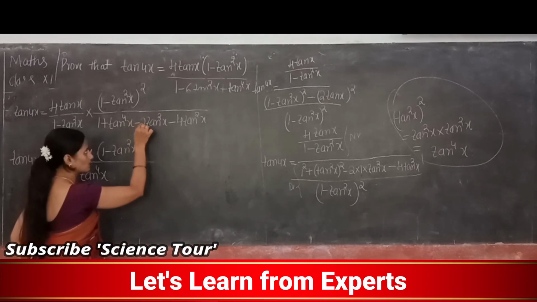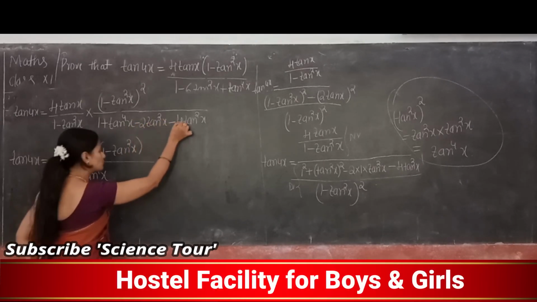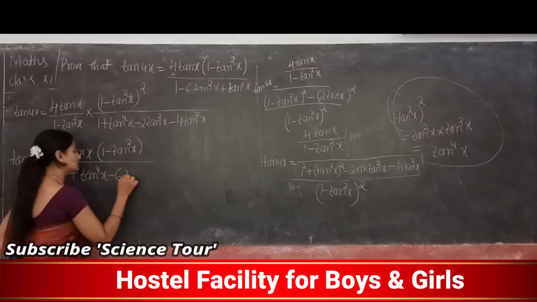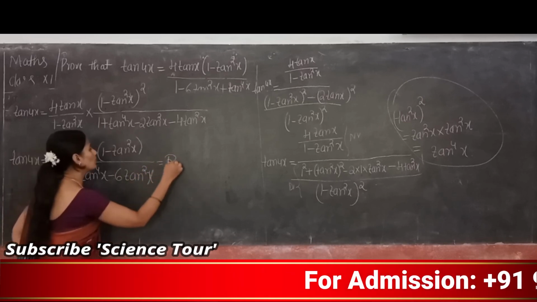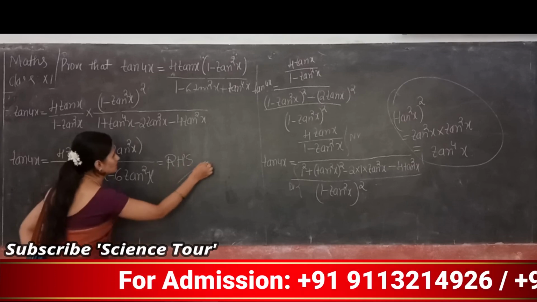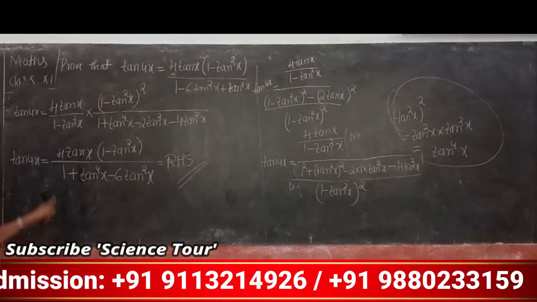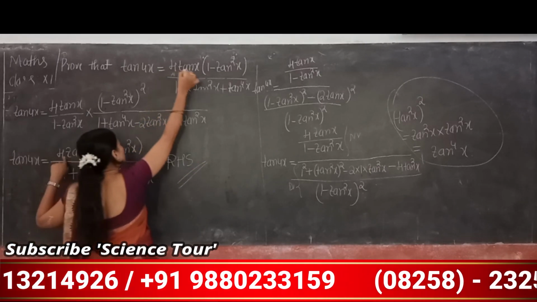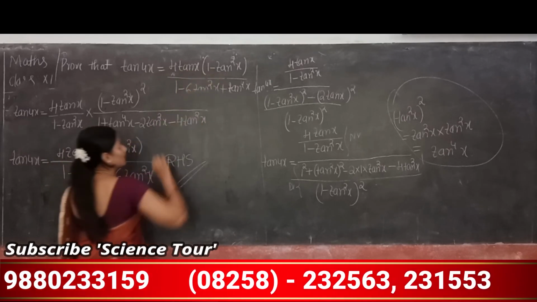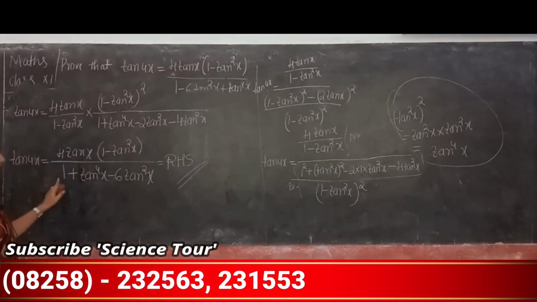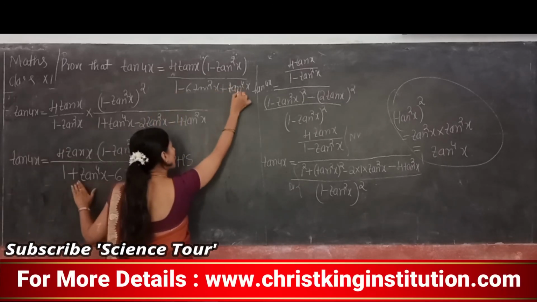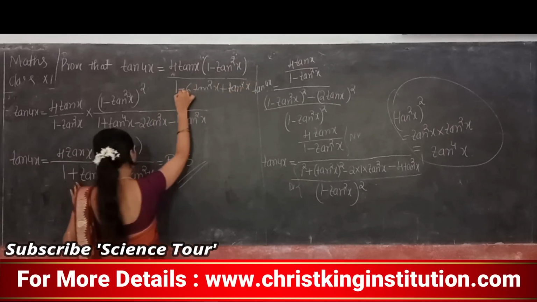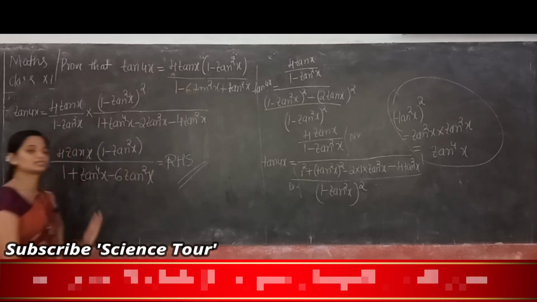So here minus 2 minus 4, which is minus 6 tan square x. Is this equal to the RHS side? Yes, which is equal to the RHS side. See the answer: 4 tan x into (1 minus tan square x) divided by 1 plus tan power 4x minus 6 tan square x.